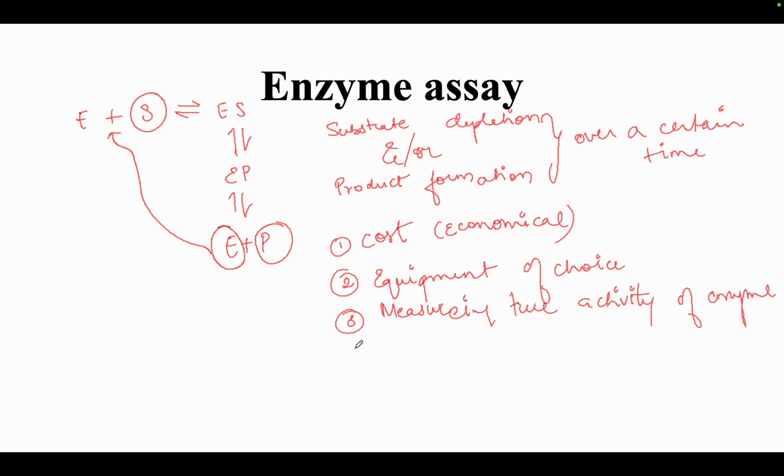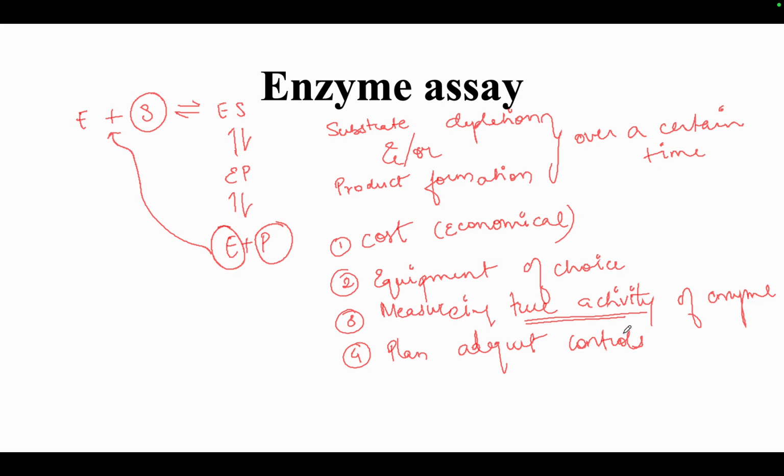We should also plan adequate controls in our experiment. The controls are very important in any enzyme assay. They actually decide the measure of the true activity of any enzyme.